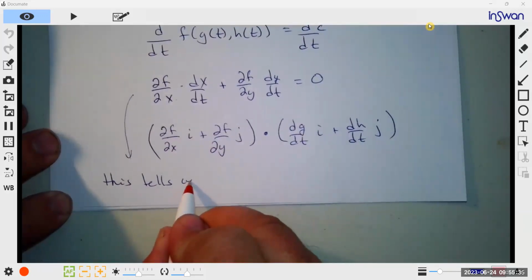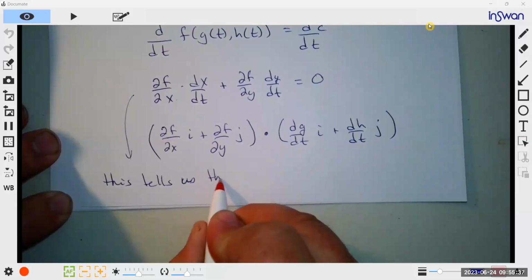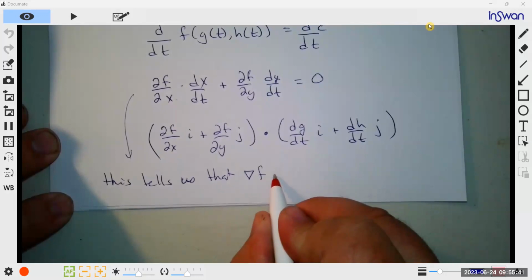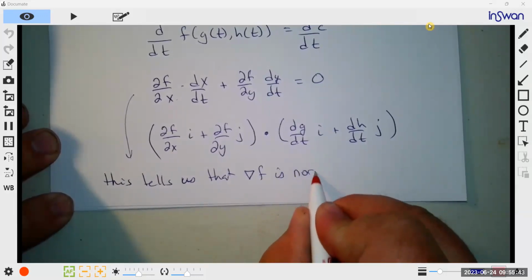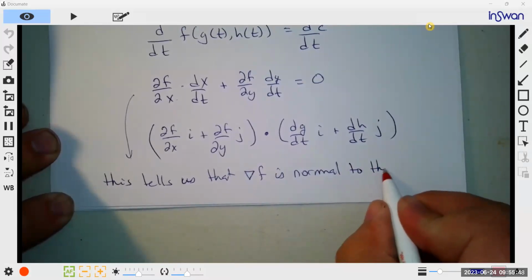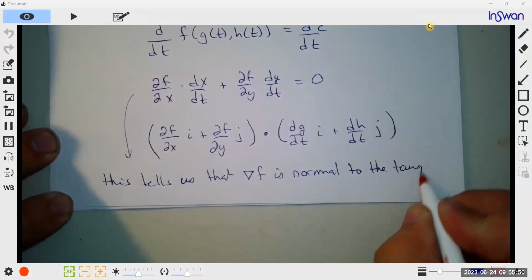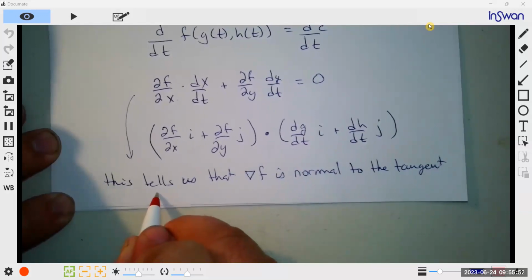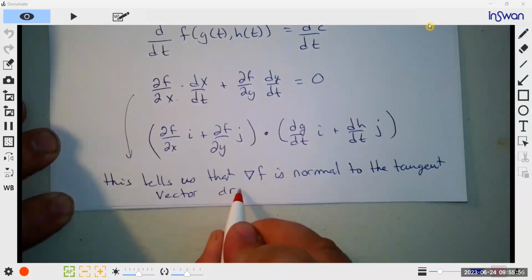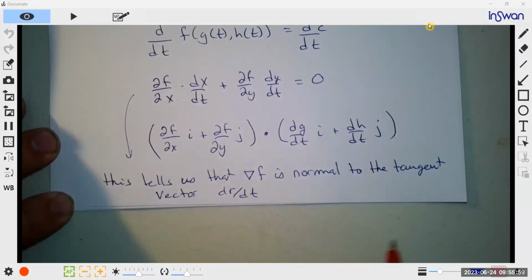This tells us that del f is normal to the tangent vector dr/dt.